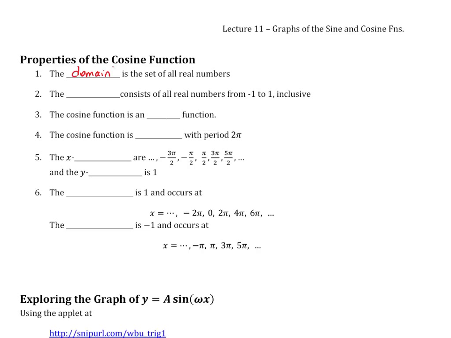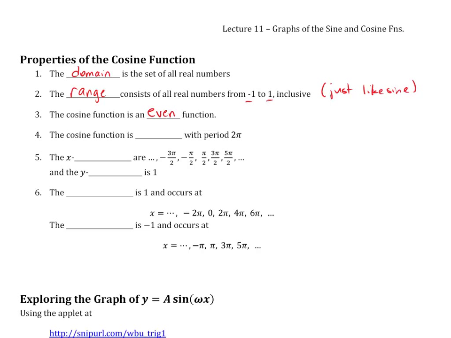That is, any angle will produce an x-coordinate where the angle intersects the unit circle. The range, just like the sine function, ranges from -1 to +1. The lowest point is -1, the highest point is +1. Now, unlike the sine function, the cosine is an even function.